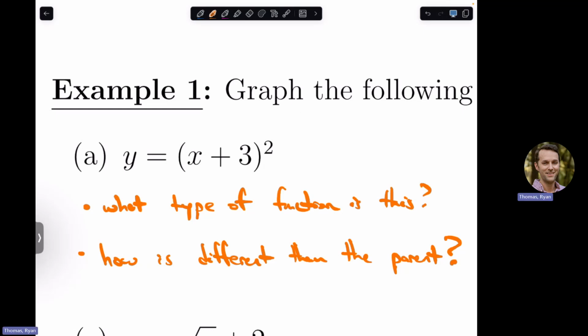Okay, so if I look at this, how do we identify what type of function it is? The square, because that was one of the things on that list of things we just looked at, right? Yeah, that's it. So what type of function is it? It's a square function. So I'm ignoring the smaller stuff, right?